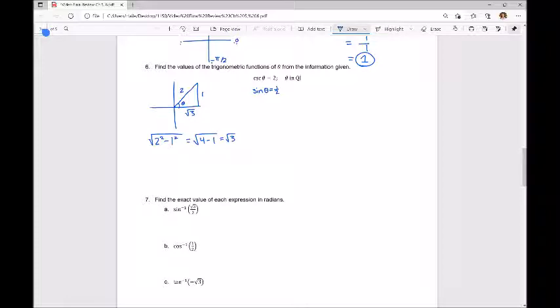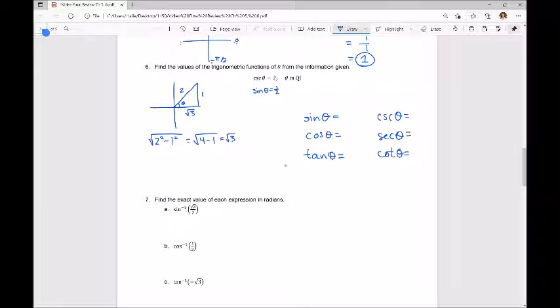And now that I've solved my triangle, I can find any trig function that I want. We already found sine, but I'm going to write it again so that we have it all in one place. So we have sine, cosine, tangent, cosecant, secant, and cotangent.